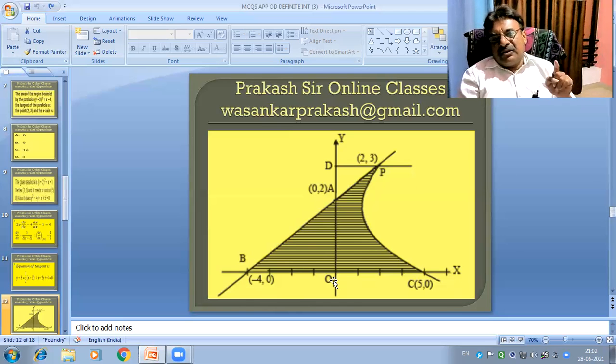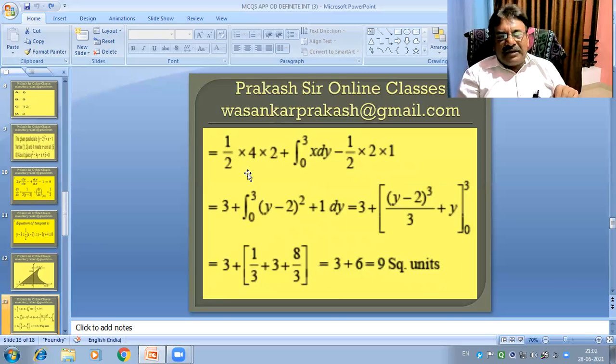Next, we find the area bounded by the y-axis and the curve, that is this area here.